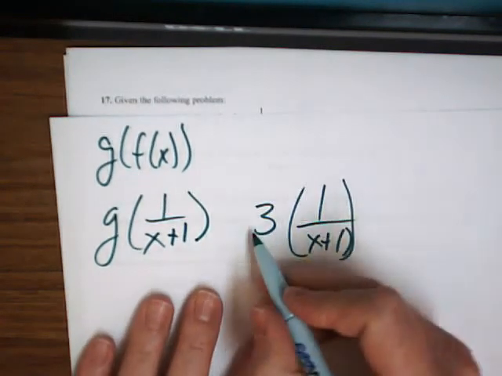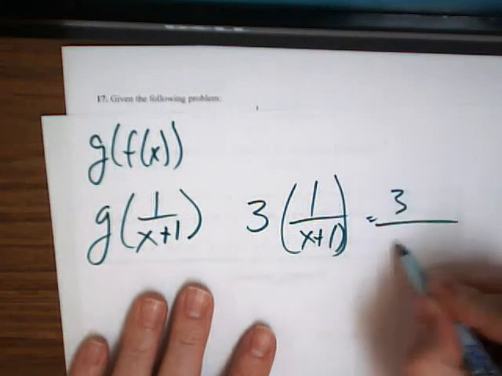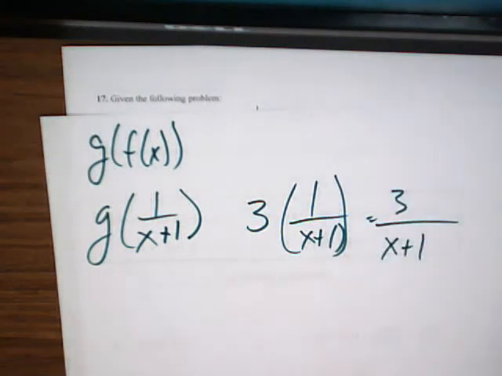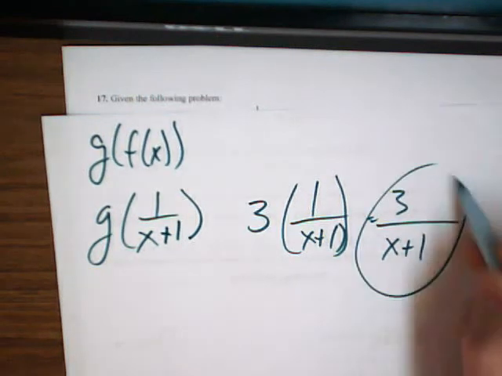So I'm going to write this as 3 times 1 is just 3, over x plus 1. So there's my formula for it.